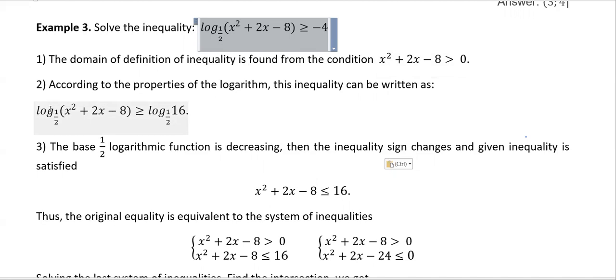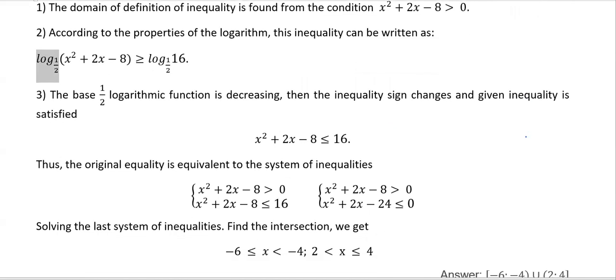When we are isolating, look at this base: the base of this logarithm is less than 1 and greater than 0, so the inequality sign changes.